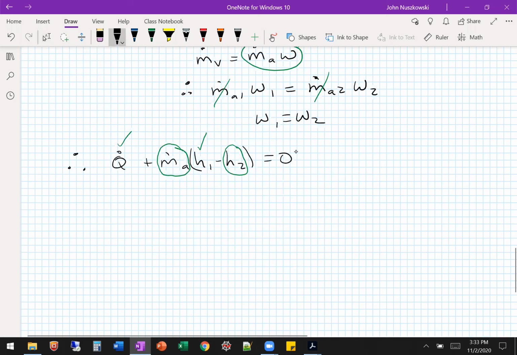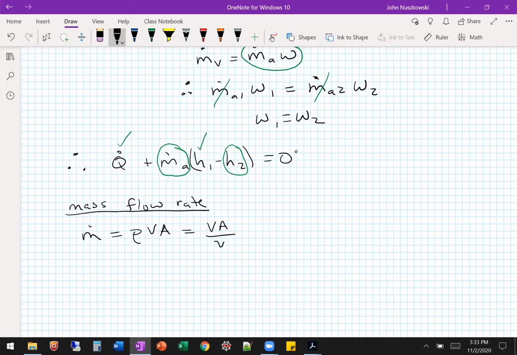Mass flow rate is density times velocity times area. In the psychrometric chart the property is specific volume, so we have velocity times area over specific volume. Do we have enough information to get that?